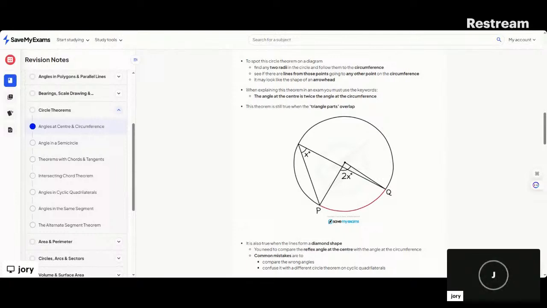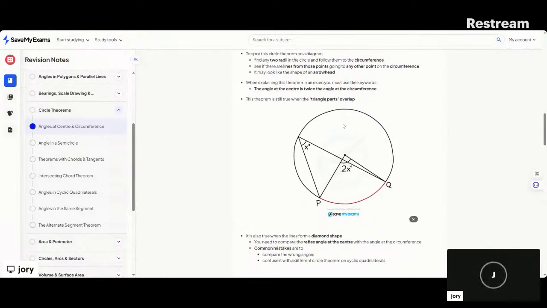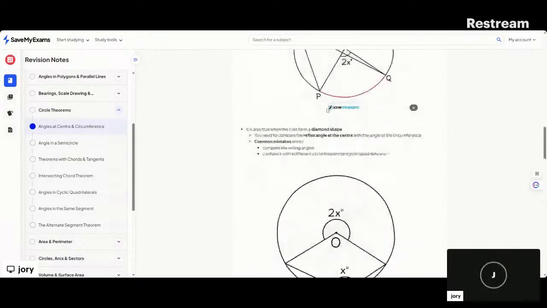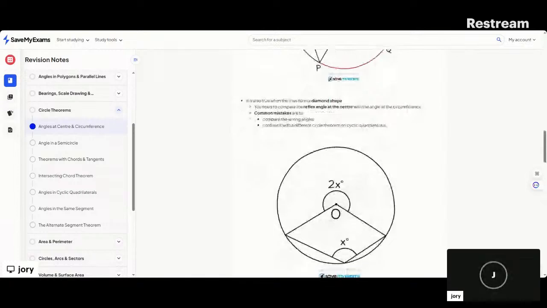When explaining this theorem in an exam, you must use the keywords. The angle at the center is twice the angle at the circumference, because all the chords come from the same arc. This theorem is still true when the triangle parts overlap. It is also true when you form a diamond shape.